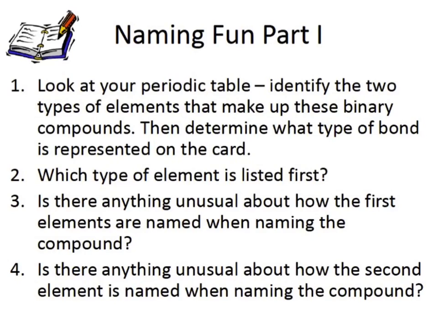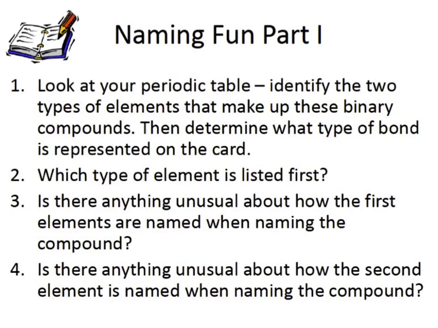So let me go through the directions. First thing is identify the type. And once you've identified the two types, you should be able to tell me what type of bond it is. Your next step, which type of element is listed first? Number 3, is there anything unusual about the name of the first element?